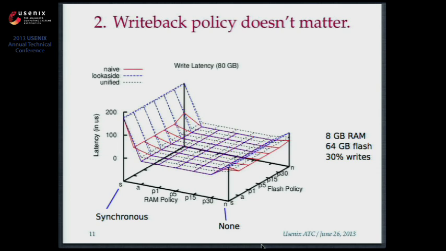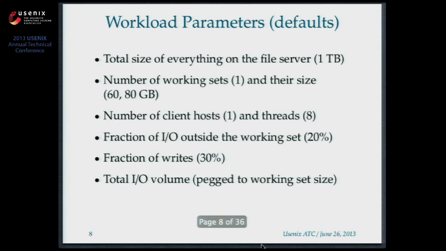Nice observations. I was just wondering to what extent the effectiveness of the cache would change if you have a skew in the workload, like if it's a heavy-tailed read or heavy-tailed write distribution. Actually, I didn't really mention this because I didn't want to go too much into the workload parameters. But one of the knobs in our trace generator was the fraction of I/O that is taken outside the working set.